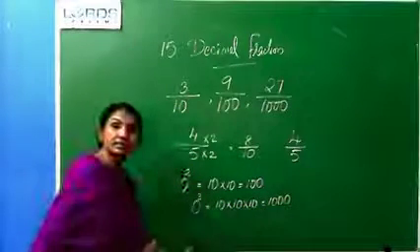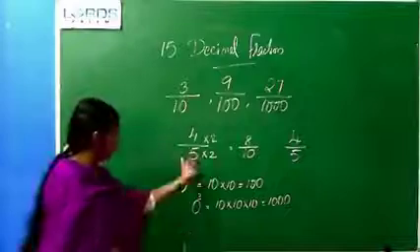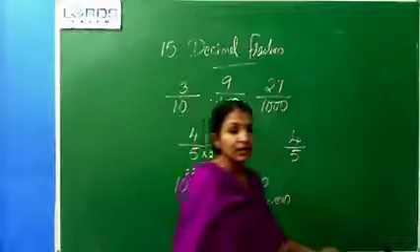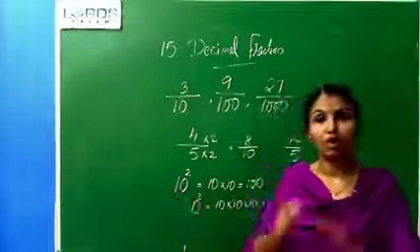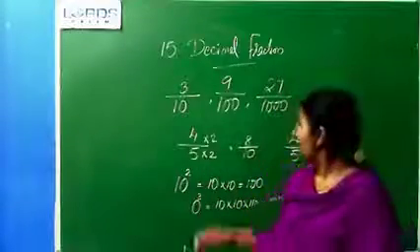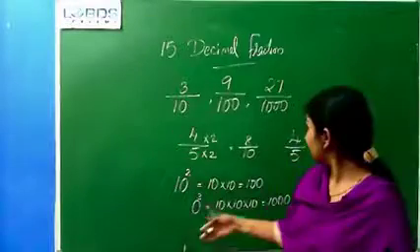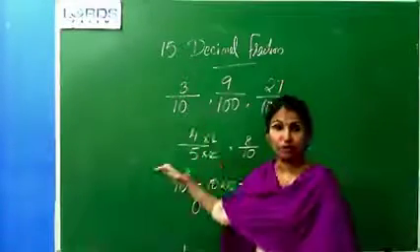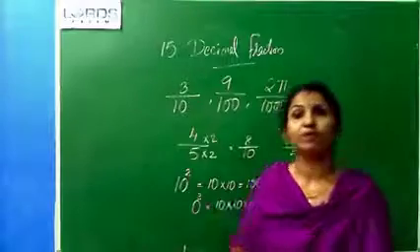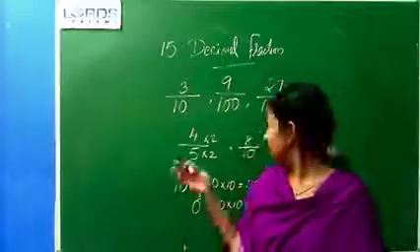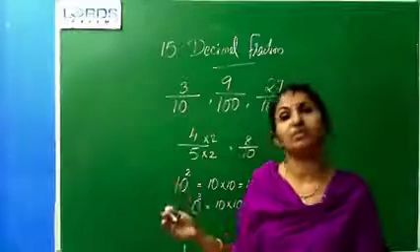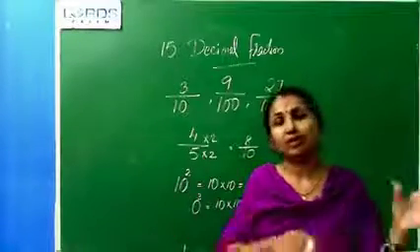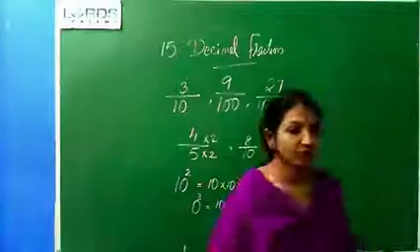And it goes on. I hope this one is clear. So if the denominator is 10, 100, 1000, they are called decimal fractions, and if it is 4 by 5, if we can convert the denominator into the form of 10, 100, 1000 by multiplying with 1 or 2 numbers, that also comes under decimal fraction.